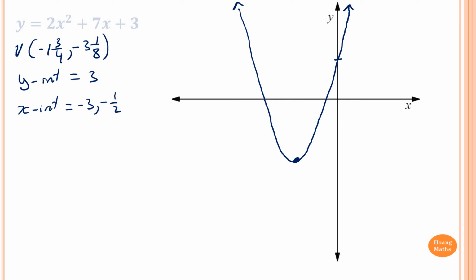This is it. So this is 3, and the x-intercept is negative a half, and this is negative 3, and the vertex is negative 1 3/4, and then negative 3 1/8. Thank you so much for watching.